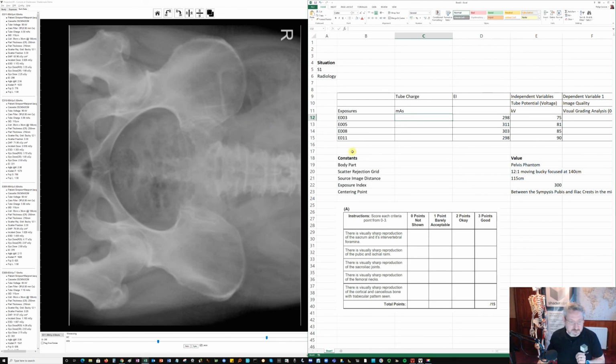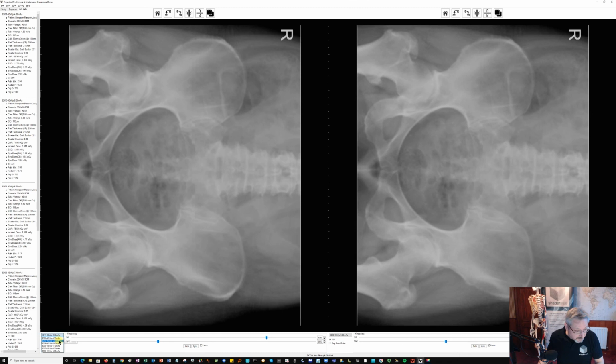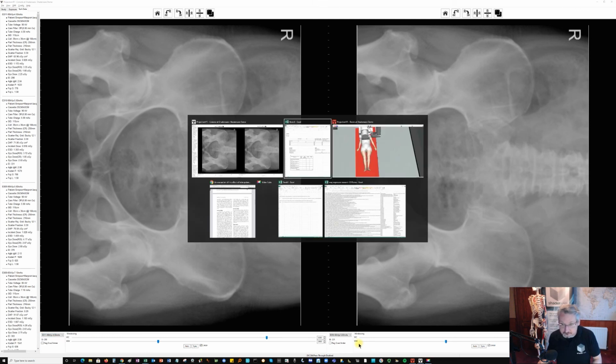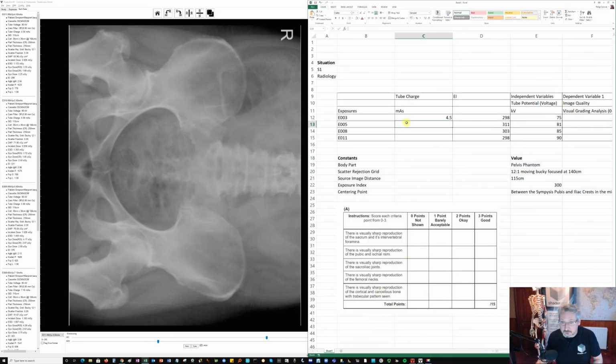So E11, the tube charge was 4.5. E8 was 7.1. This was 12.5, I think.